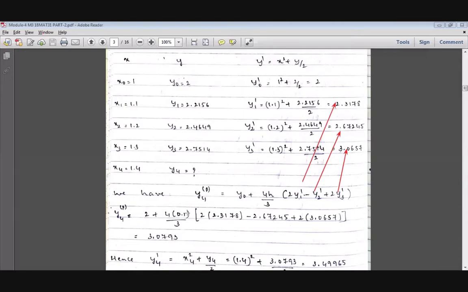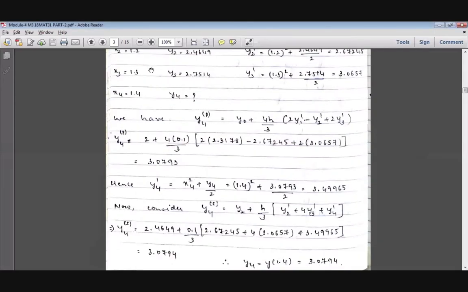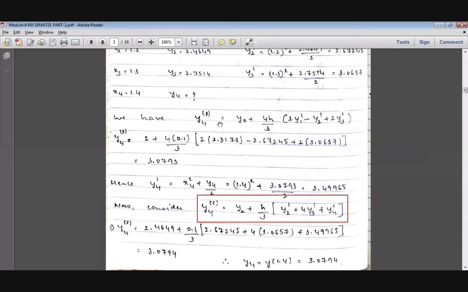After this, take the corrector formula. This is the corrector formula.